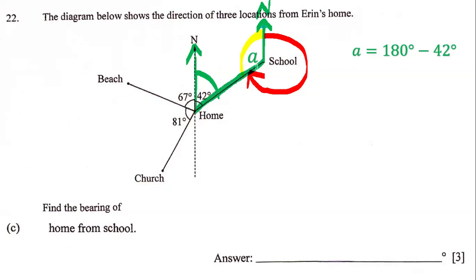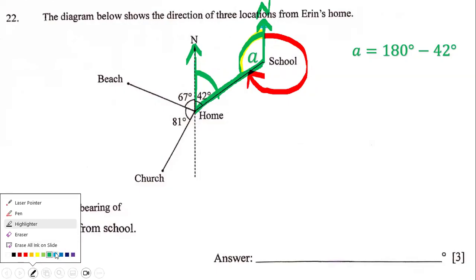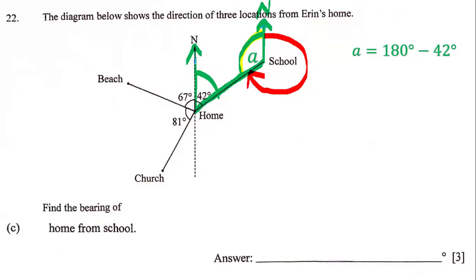And if you notice carefully, what shape is being formed here? We actually have a C shape. Now, if we have a C shape with these two parallel lines along with this transversal, something similar to a C shape, this indicates that we are dealing with co-interior angles.